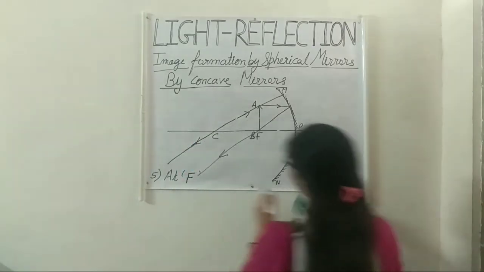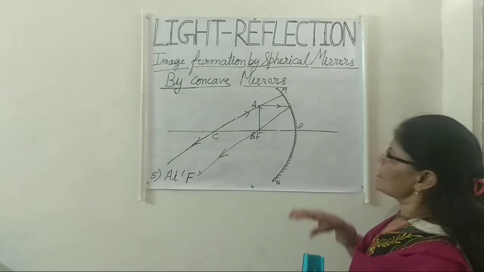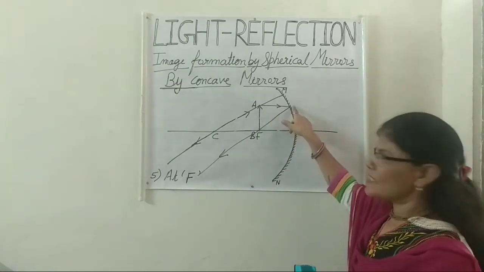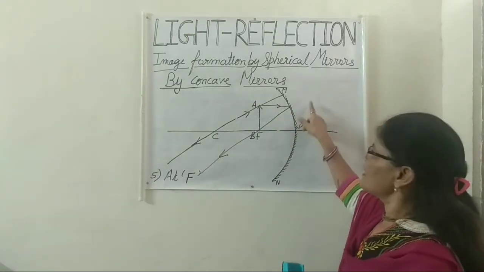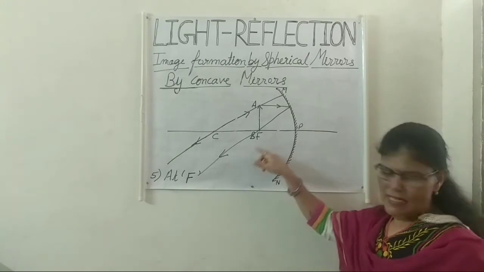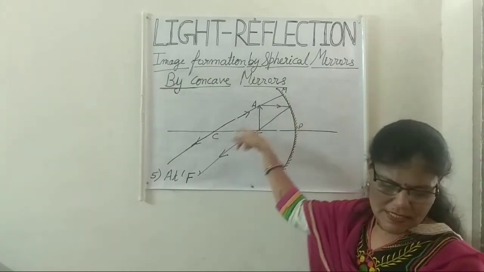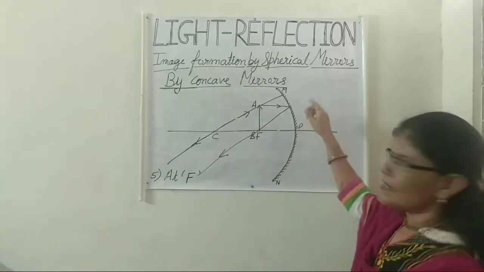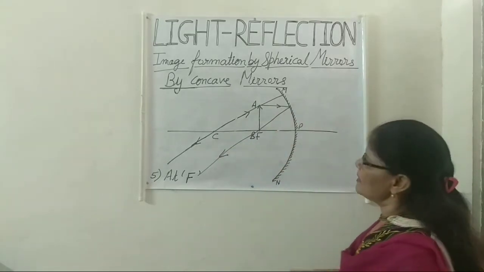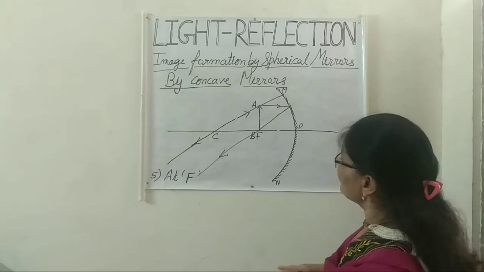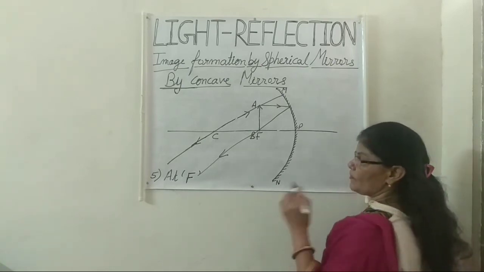So we have used two cases. First is when the incident ray is parallel to the principal axis, then it will pass through the principal focus. Second is when the incident ray passes through the center of curvature, then it will be reflected back in the same direction. But here the image formation, where will it be?